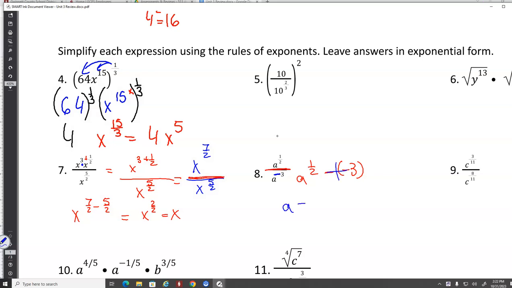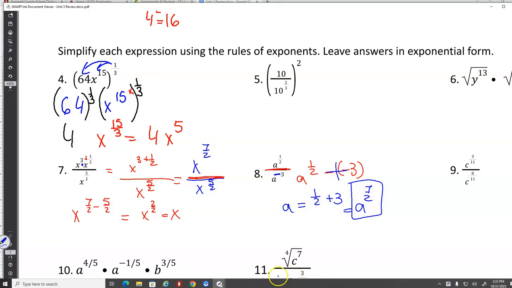So now it's going to be 1/2 plus 3, which is going to be a raised to the 7/2. If you simplify it, this is the same thing as we just did a second ago, 3 and 1/2, so I'm just not going to work it out, but that's 7/2.